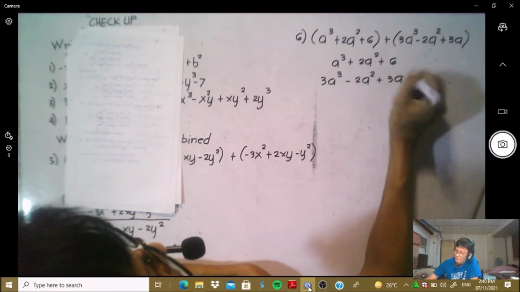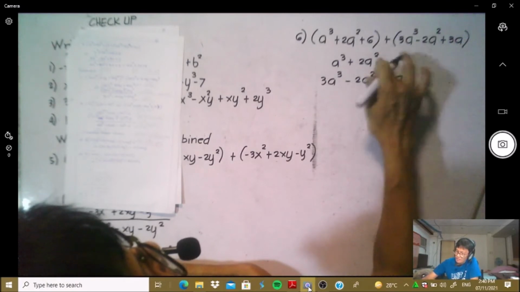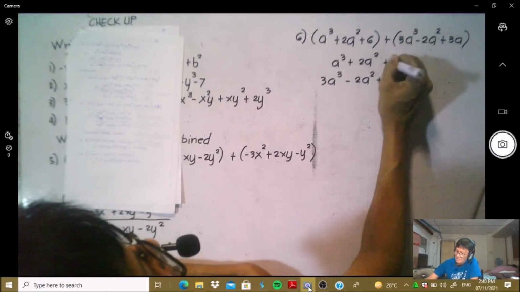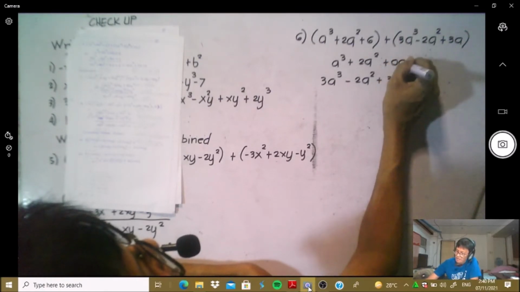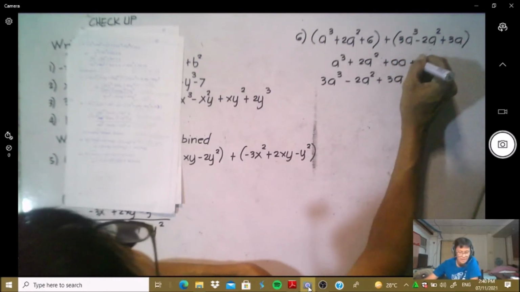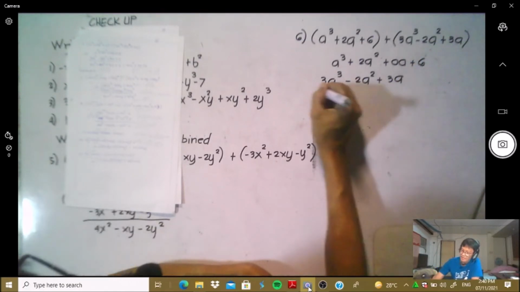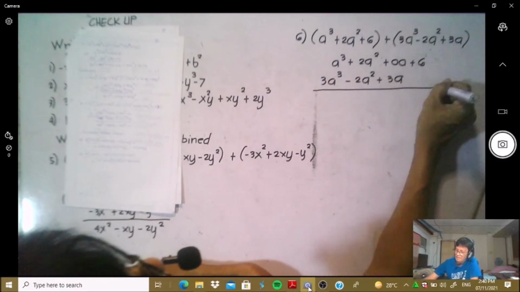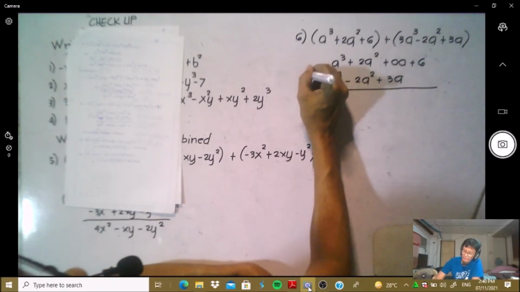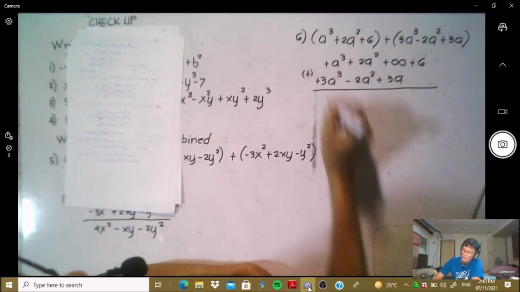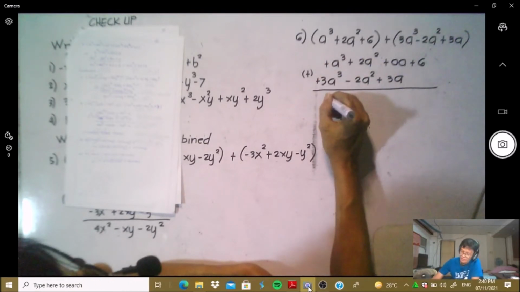And therefore, we have to extend this. We have to add plus 0a, then plus 3. Plus 6. Okay, so we have to add. This is positive, this is also positive, so we have now 4a cubed.